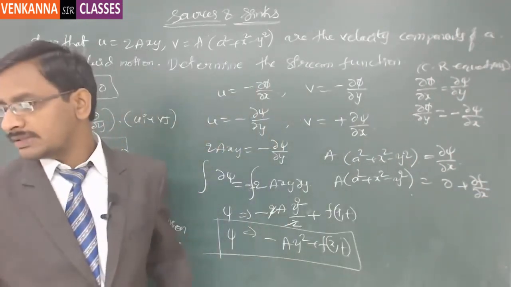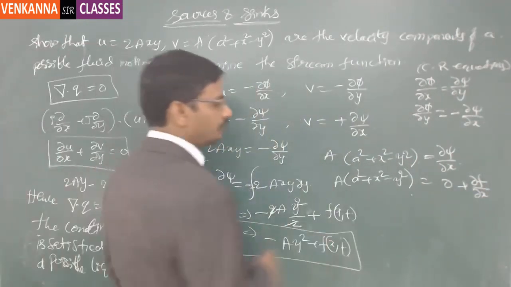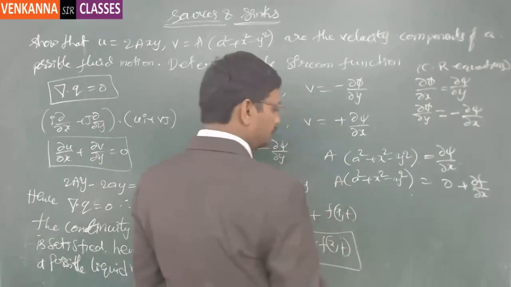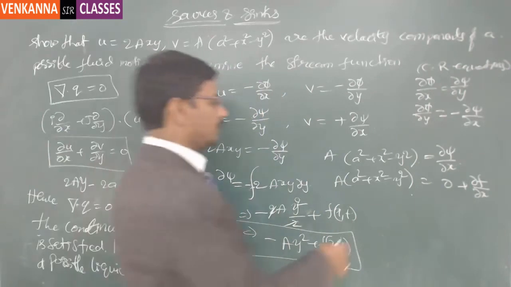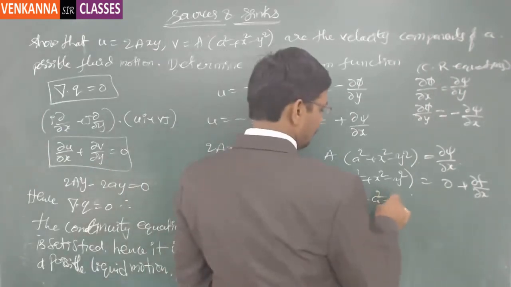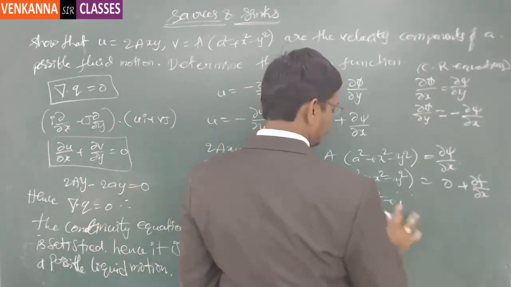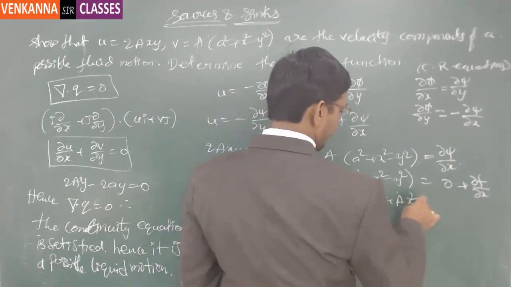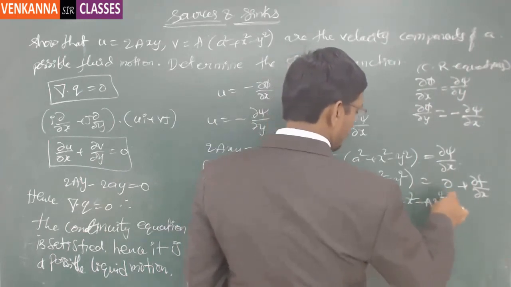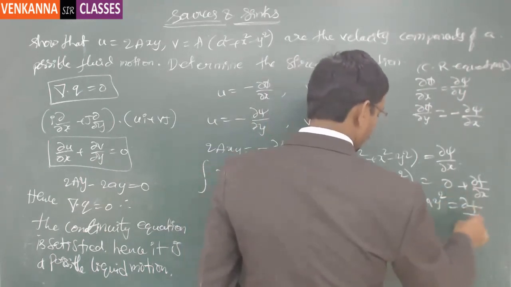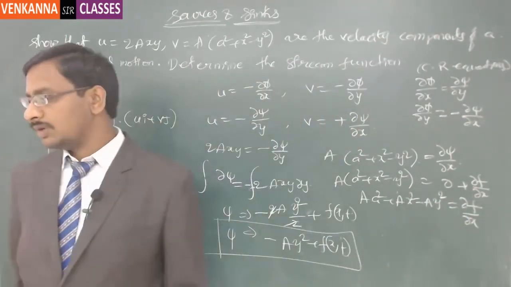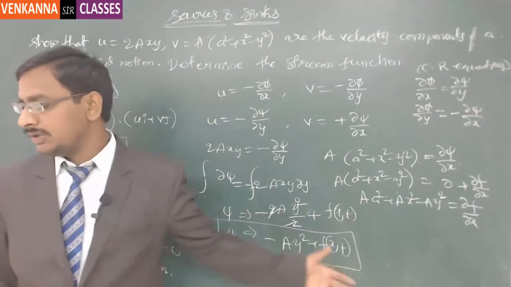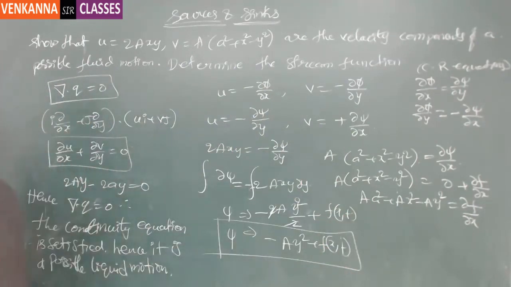So ∂f/∂x can be equated to this one. Now here, ψ is nothing but a² plus a²x, so ax² minus a y², and this is equal to ∂f/∂x. Got it? So that actually you need to integrate. Just note down this. I'm going to erase it and rewrite it.